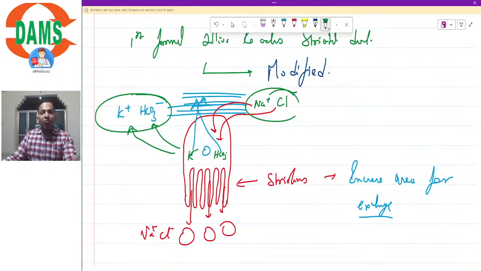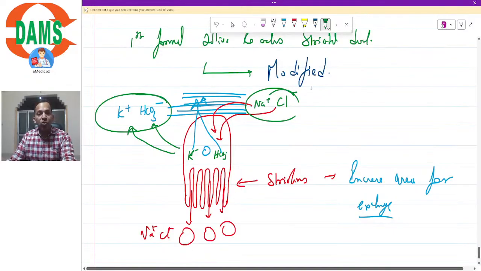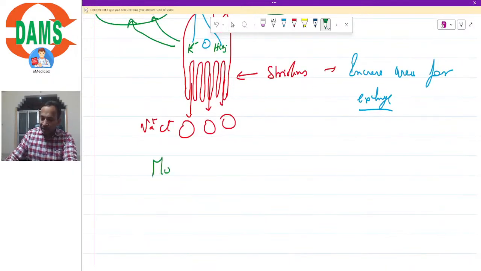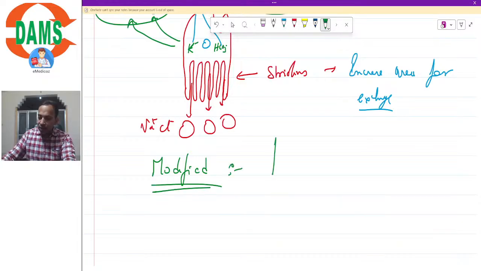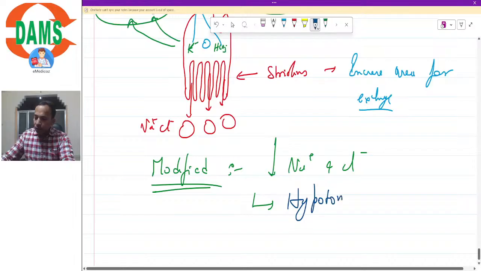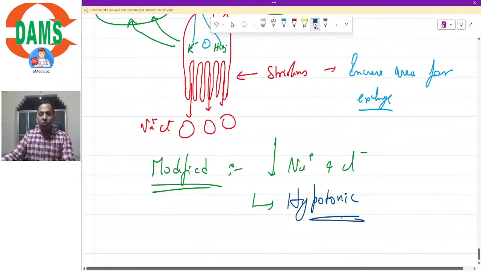So now after modification, this saliva, since it has low sodium and chloride content, is called hypotonic, right? So the final saliva that is secreted into the oral cavity is hypotonic, right?